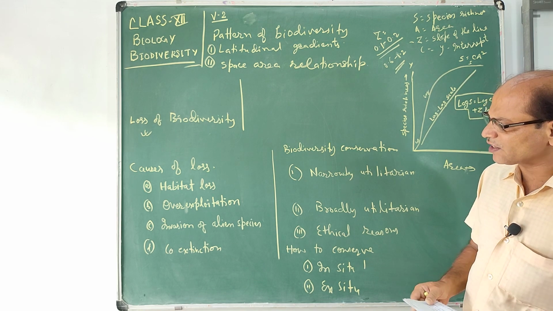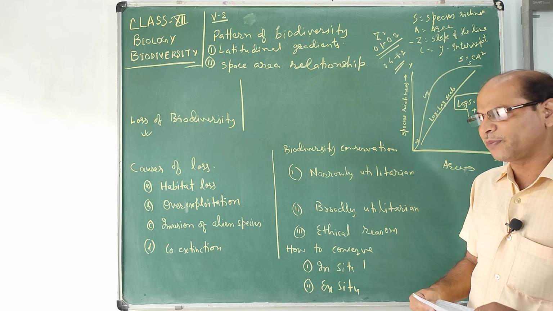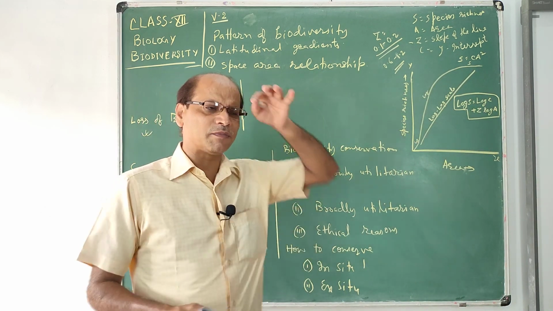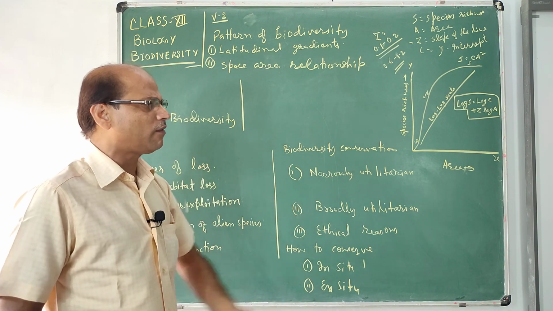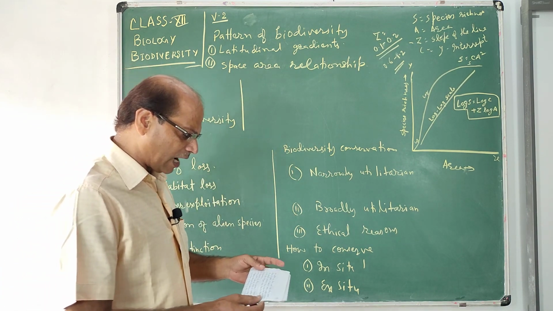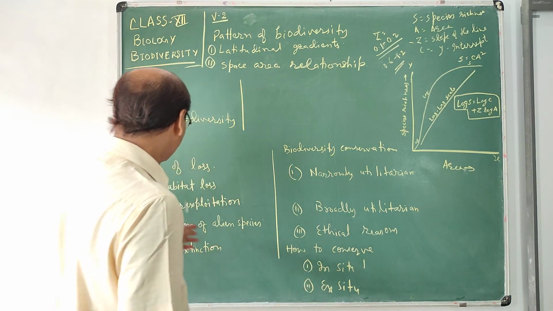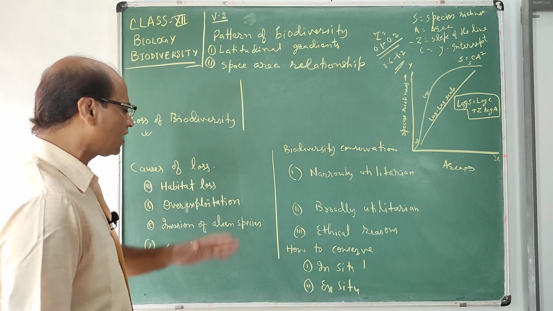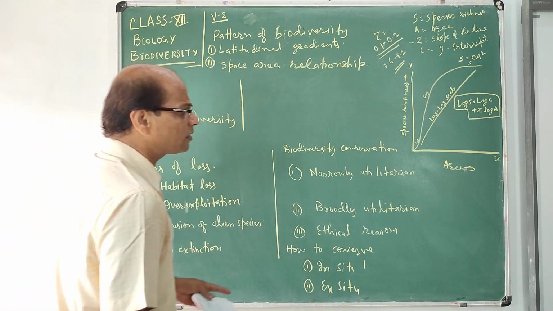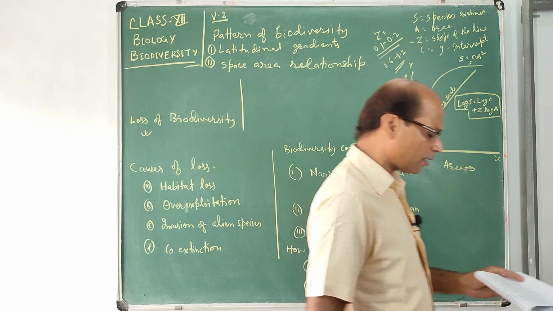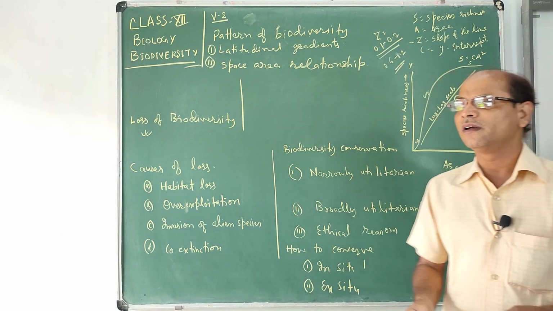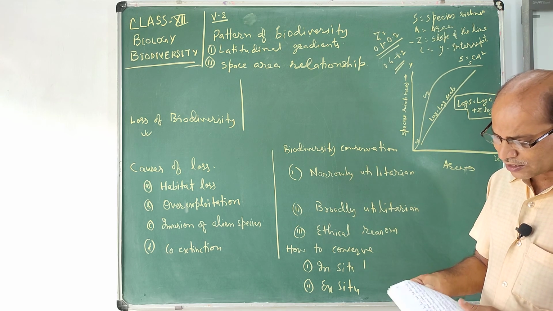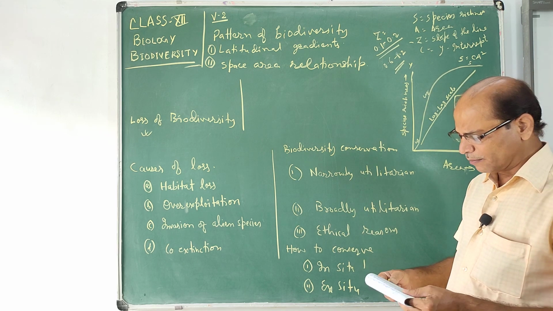Third one, that is the introduction of alien species. Alien species can hamper the indigenous species. When alien species which have more restrictive power and other things, they can harm the biodiversity.